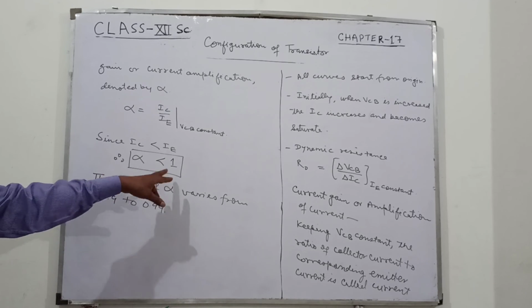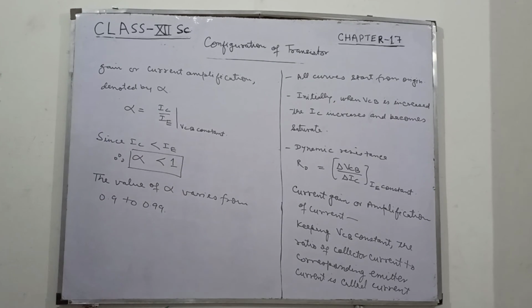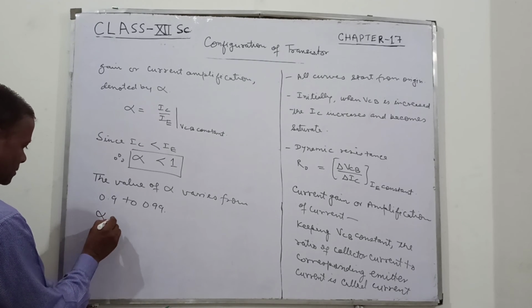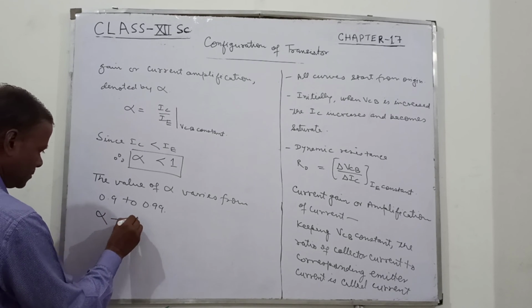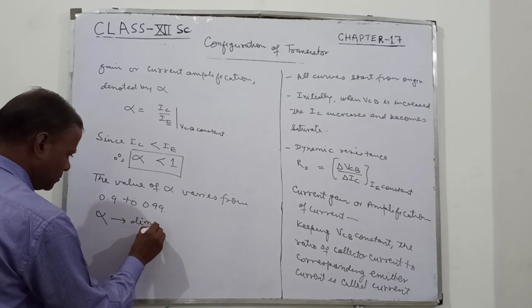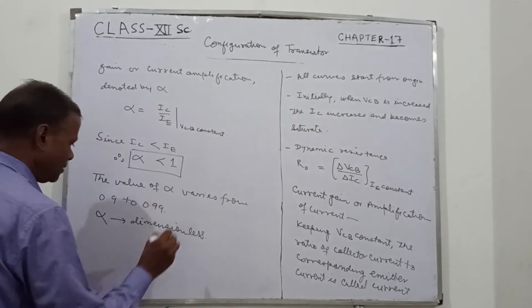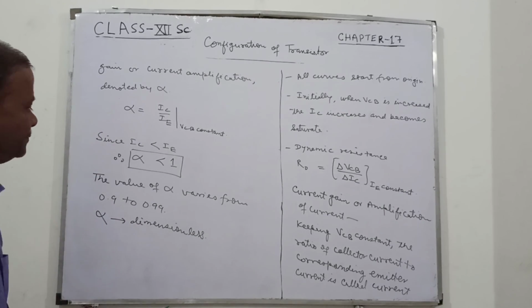This is a dimensionless constant. Alpha is dimensionless, so it has no unit at all.